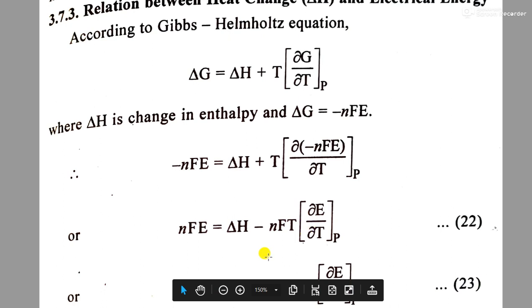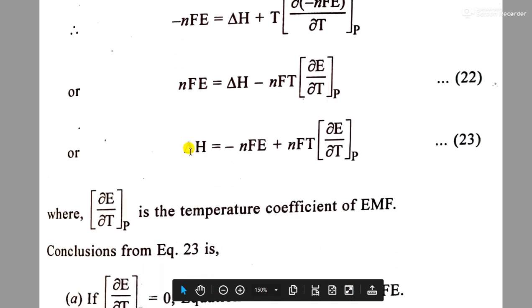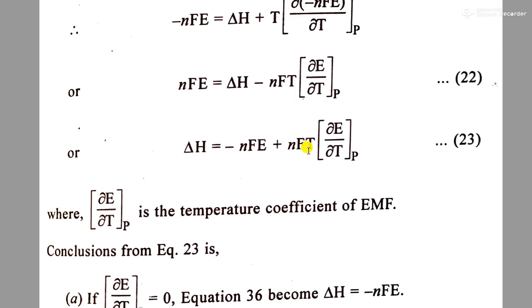And this can again change as delta H is equal to minus NF E plus NF T dou by dou T of E at constant pressure. Here this term, we know that it is the temperature coefficient of EMF. We have seen that previously, dou by dou T of E at constant pressure.